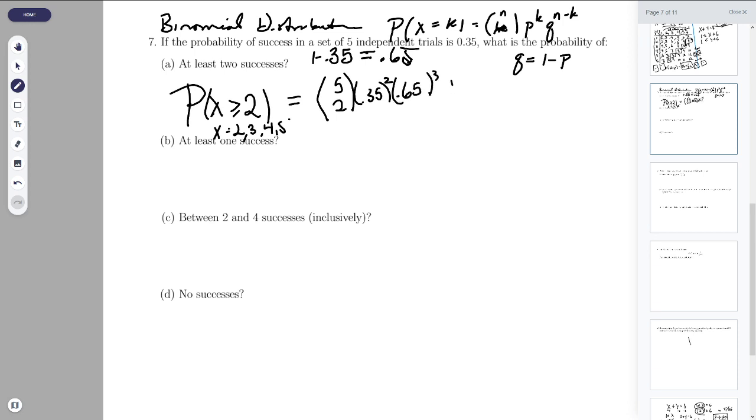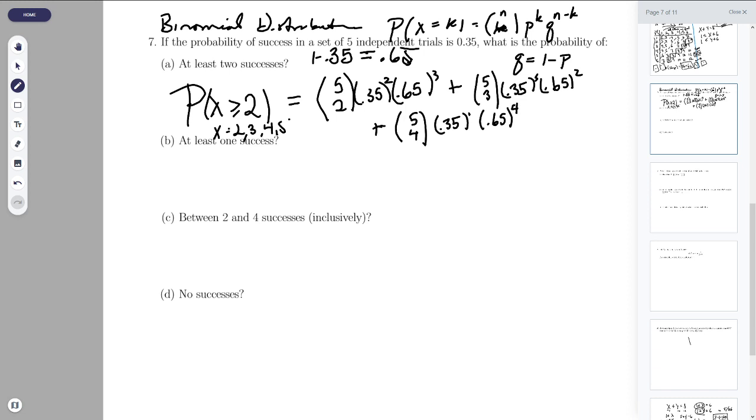cubed, plus 5 choose 3, 0.35 cubed, 0.65 squared, plus 5 choose 4, 0.35 to the first power, 0.65 to the fourth power.